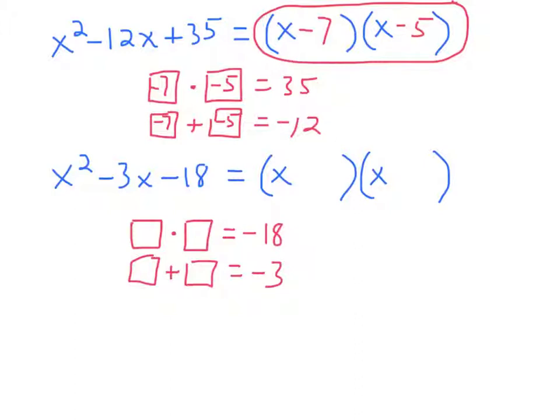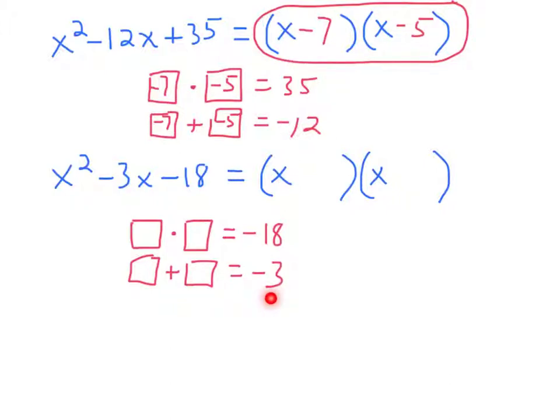Now, let's think this through. If two numbers are going to multiply out to equal a negative answer, that tells you right there that one of them has to be positive and the other one has to be negative. So you're looking for one positive number and one negative number in this kind of a problem. And when you add those two numbers together, you want to end up with negative 3.